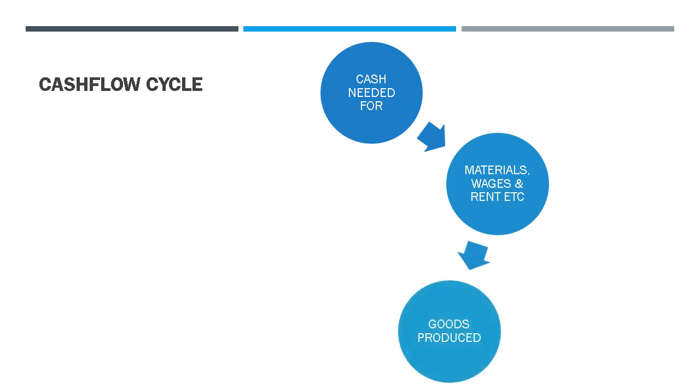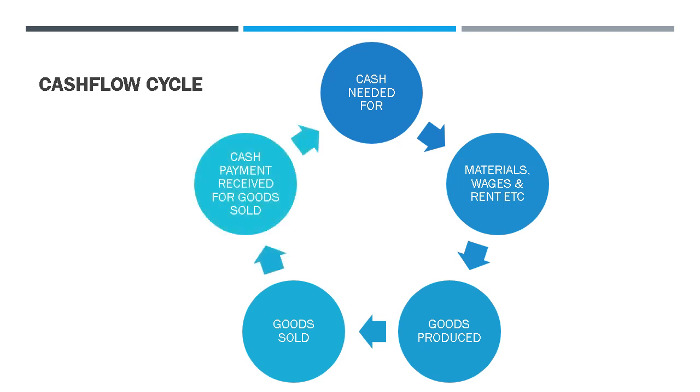So by employing the 4 factors of production with the cash, the business produces the goods. Once the finished goods are made, these are sold in the market. And by selling the goods, the business again gains money in the form of sales revenue.